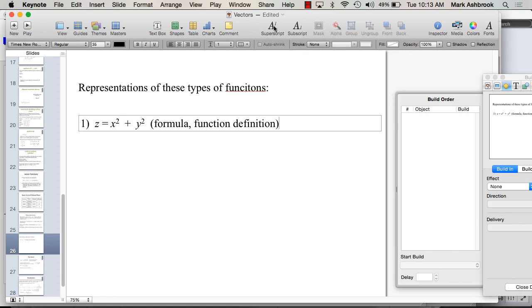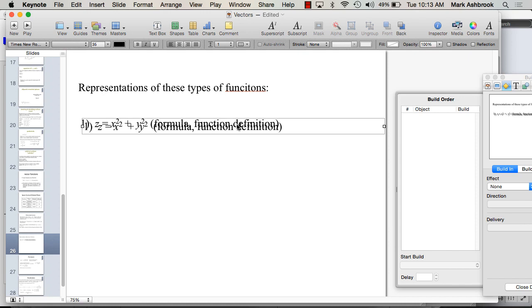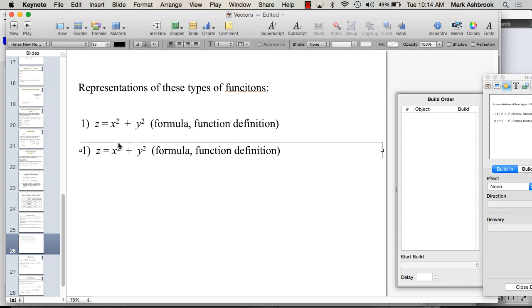Okay. Second would be a graph in R3. So where does the domain come from? And then where is the range? And what kind of thing will you get?